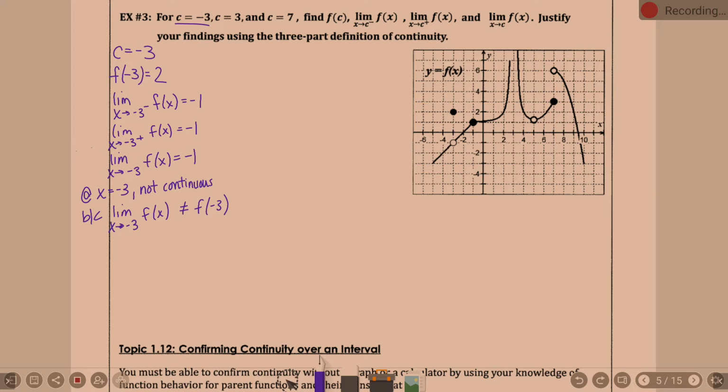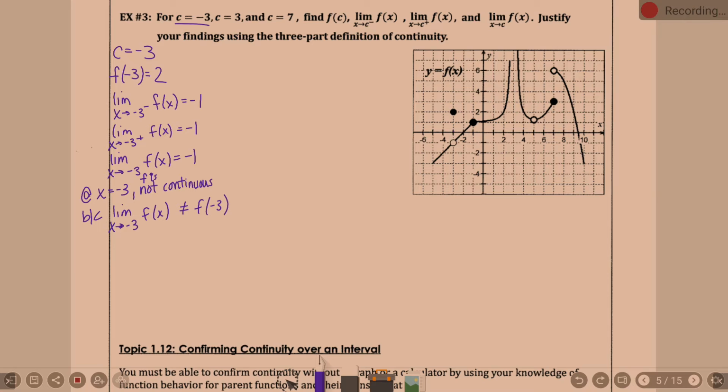So the limit as x approaches that c value does not equal f evaluated at that c value. And I guess what I really should have said here is that f is not continuous. In easy terms, it's not continuous because there was a hole, right? In calc official terms, using the definition of continuity, it's not continuous because the limit does not equal the value at that point. That's officially what we have to say. Okay?